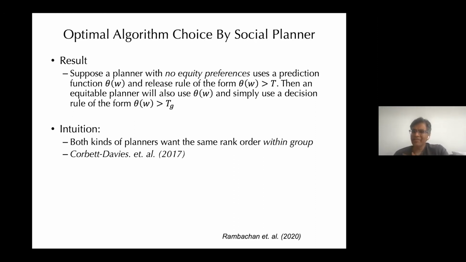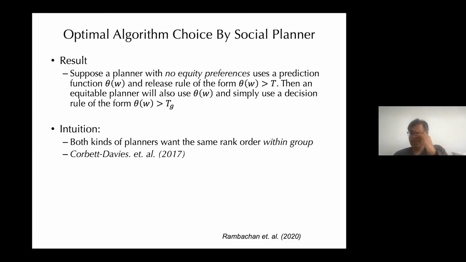But the way you can think about it is, take the groups separately. Within each group, you obviously want to rank within group efficiently. So what is equity? Equity is simply a between group issue. But that means if you're talking about between group, it just means you're moving the threshold around in a group specific threshold.